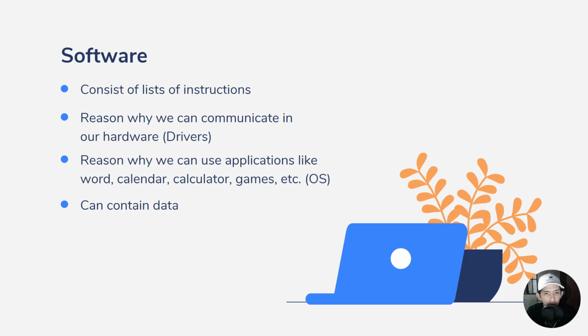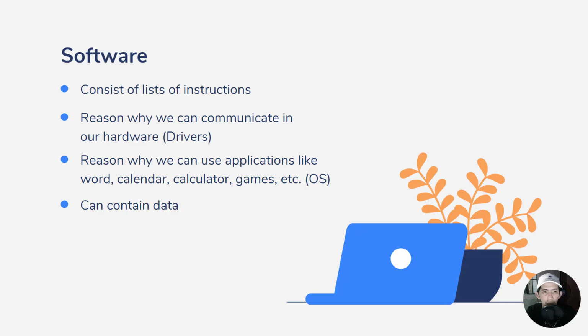Software is also the reason why we can use applications like Word, calendar, calculator, games, etc. So, don't be confused. Word, calendar, calculator, games, and other software are applications. Software din sila.